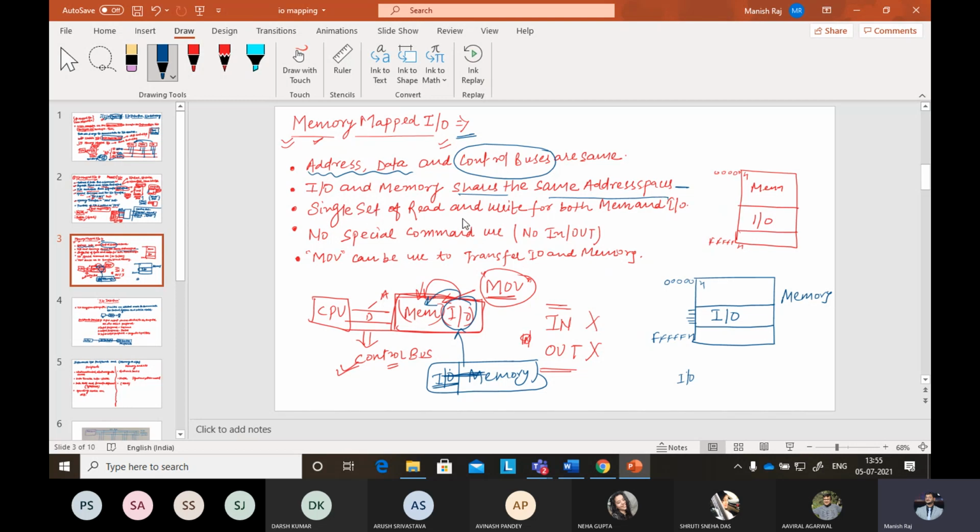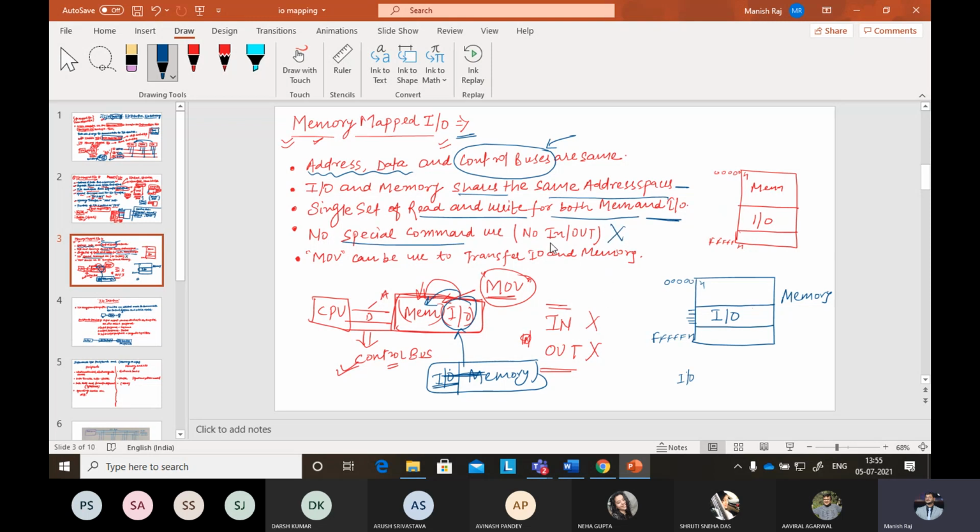Now, a single set of read and write for both memory and the IO. You know the control buses are the same, so you will use the same read and write instruction to retrieve or write the data. So you can say this time IO is also used as memory, so you can take the same data. So there is no special command of IN or OUT.